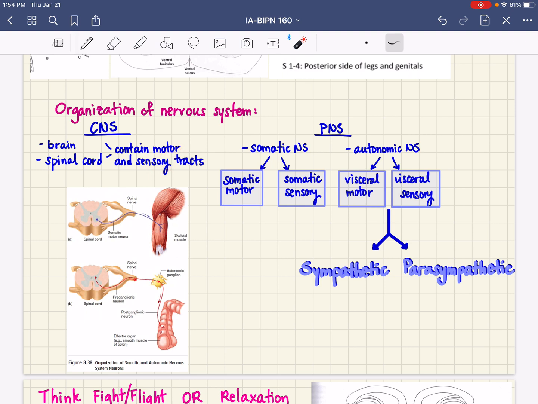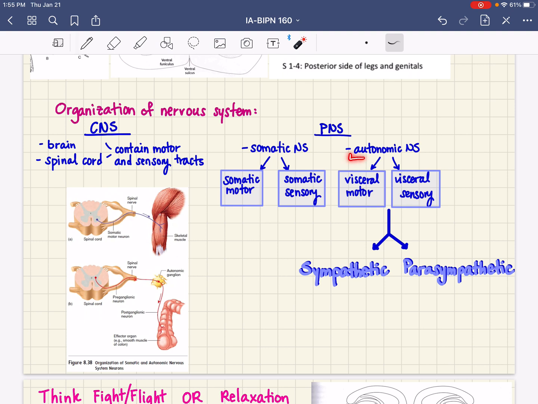The peripheral nervous system contains two nervous systems within itself. It contains the somatic nervous system, which is a part of the PNS that deals with either gathering information, so sensory, or giving information, motor, to the skin and the muscles of our body.